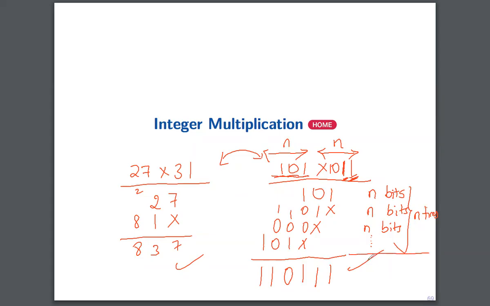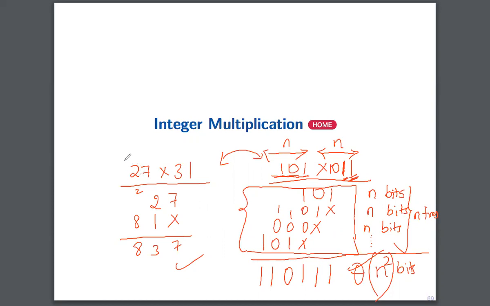So if you add all these bits, you get n squared bits in this range. So you need to do n squared computations. And of course, there will be carry and whatever, but you can write it as theta of n squared computation. So the school algorithm we know takes n squared amount of time to multiply two n bit binary numbers.